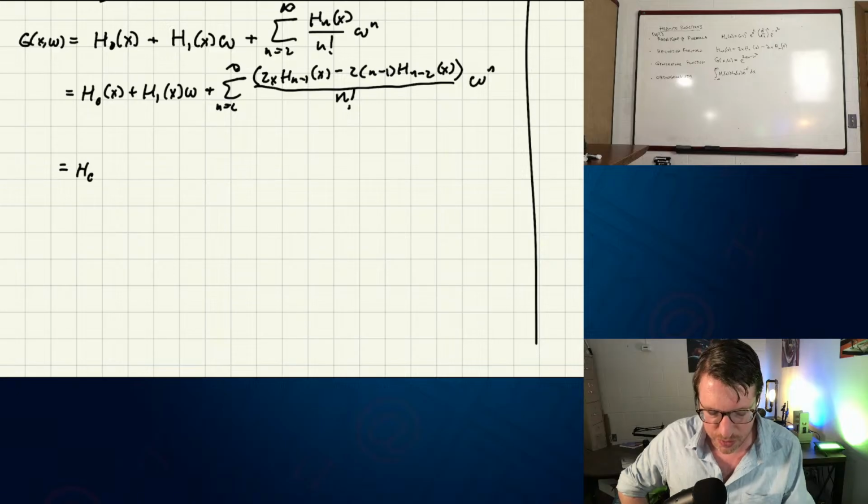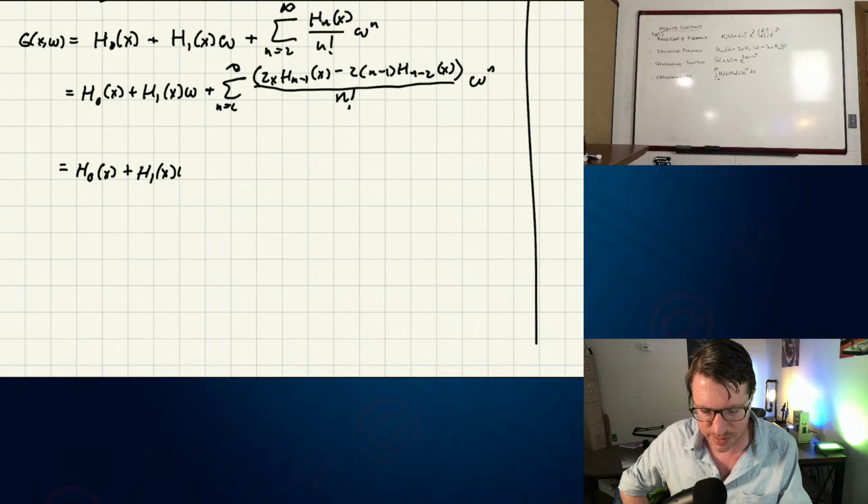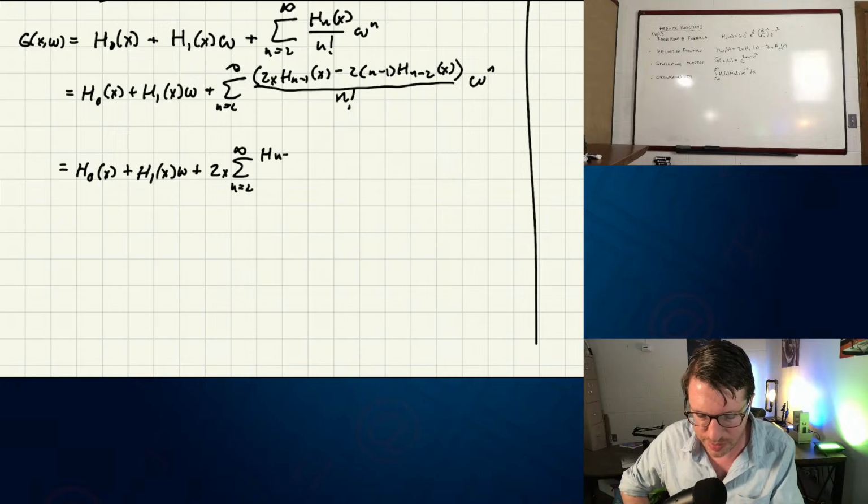All right, so we have h naught of x plus h1 xw, and let's start splitting these guys apart. So we have the sum n equals 2 to infinity. We also have the 2x I want to pull out here. 2x doesn't depend on n, so you might as well take it out. So n equals 2 to infinity, we have hn minus 1 of x divided by n factorial, and then this times w to the n.